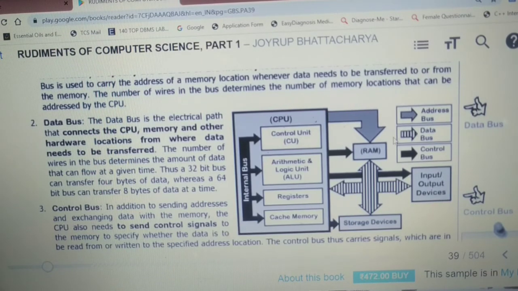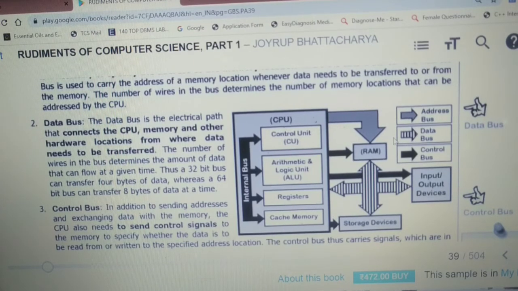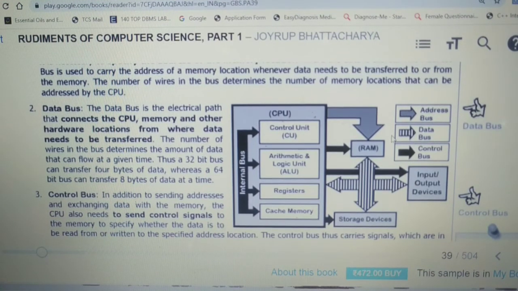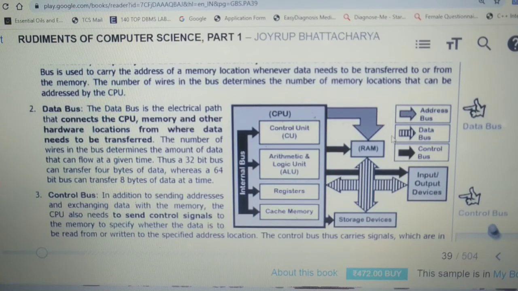The bus is designed on the motherboard as a set of parallel wires etched onto the motherboard. On a processor board, the bus is contained. There are the address bus, the data bus and the control bus.